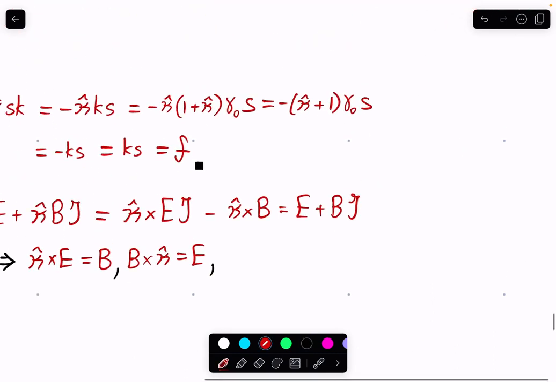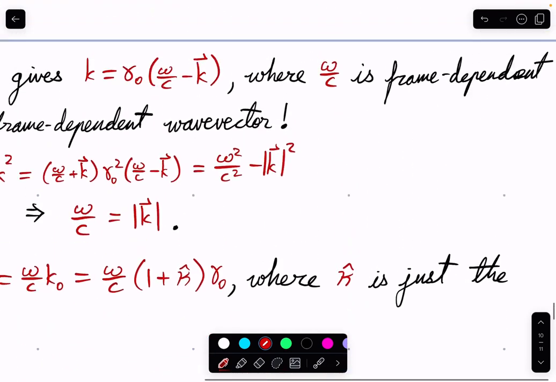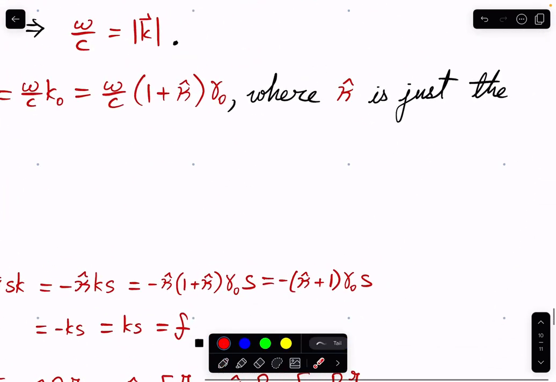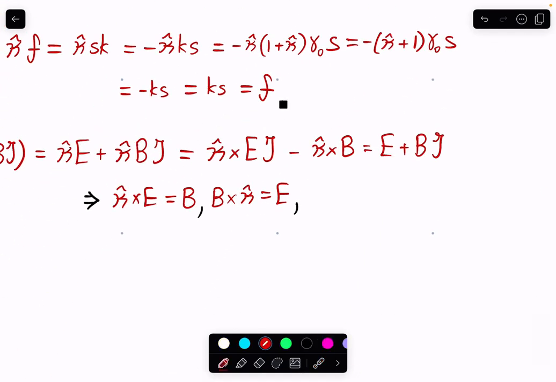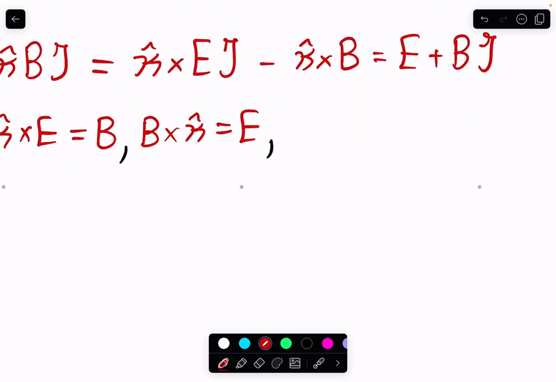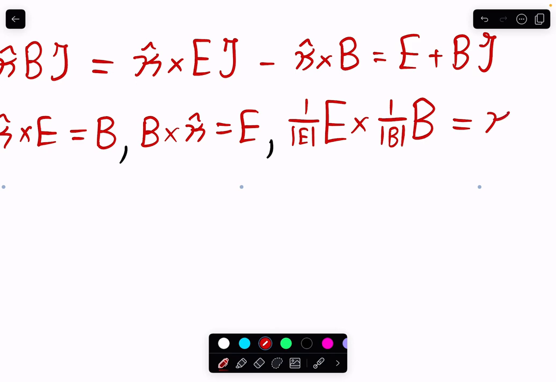And we know that kappa here is in the propagation direction, which is perpendicular to E and B. So if we took E, the unit vector, so 1 over the magnitude of E, and then E cross 1 over B, this would just give kappa.